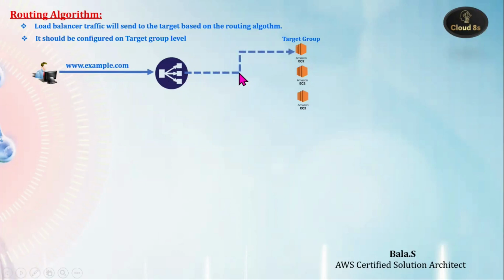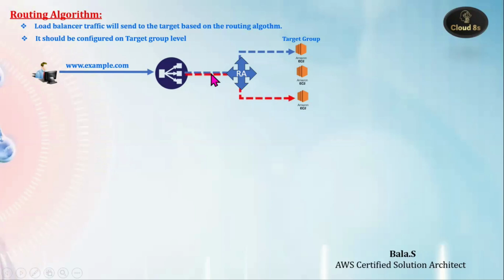The listener rule will send the traffic to the concerned target group. But inside the target group, we have multiple targets, such as three EC2 instances. So the routing algorithm will redirect the traffic to one of the targets, that means an EC2 instance, based on the algorithm configured at the target group level.